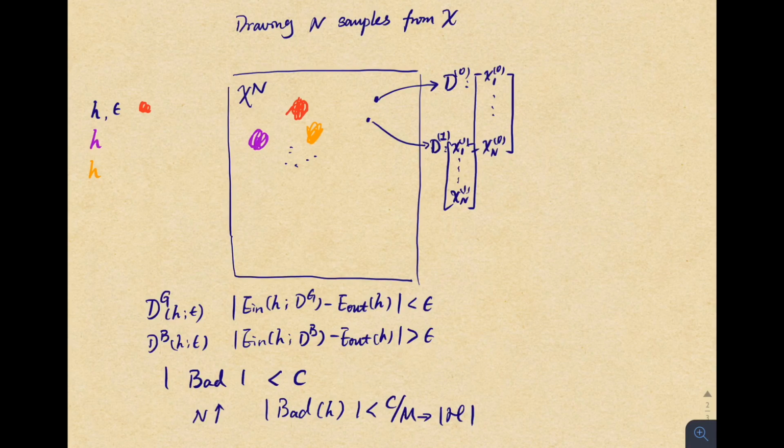In this case, we can add the bad areas together, and eventually we have the total area of the bad regions smaller than the chosen threshold C.